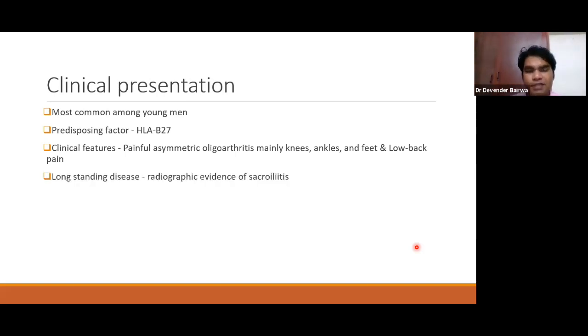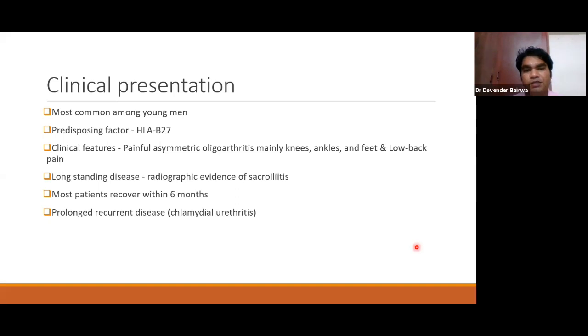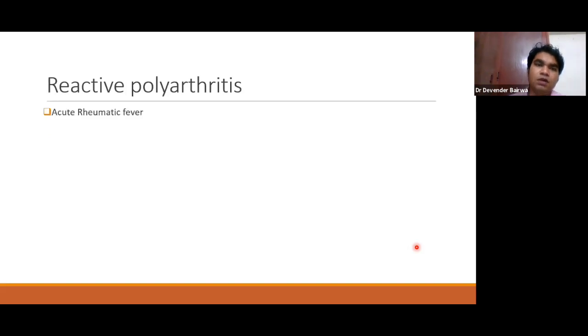In long-standing disease, sacroiliitis can develop. Most patients recover within 6 months, but in some cases there can be prolonged recurrent disease, commonly seen in chlamydia arthritis. Treatment: we generally give anti-inflammatory NSAIDs, which will be helpful. Antibiotic therapy, although recommended for chlamydia, is controversial at this stage.